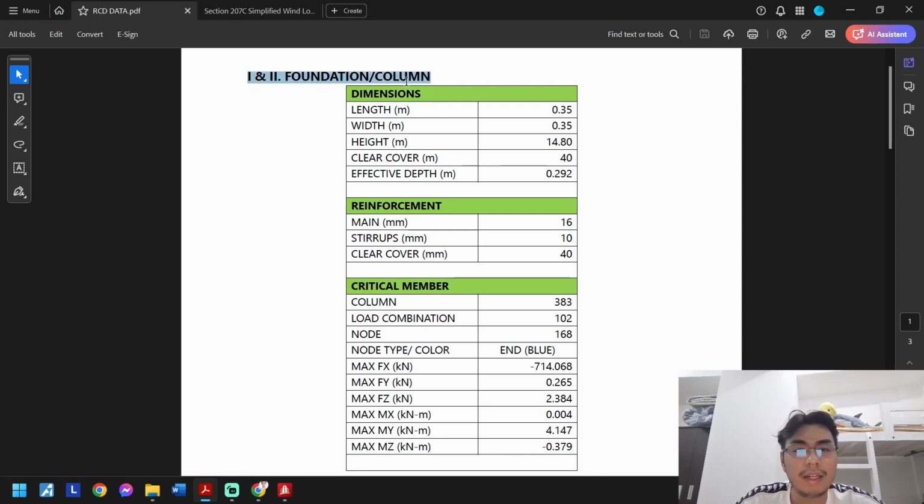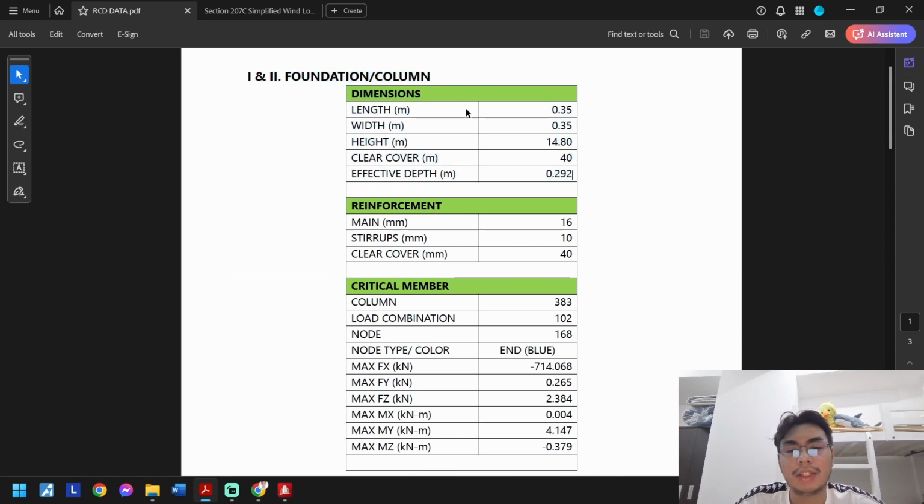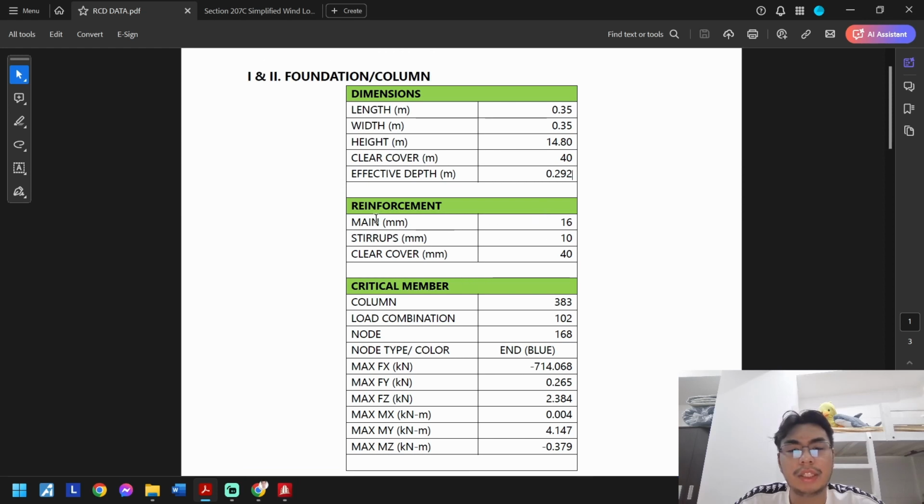So okay, now for the first part, it is the foundation or the columns. As you can see, we have opted to use 16 millimeter rebar, then for the stirrups, 10 millimeters, and 40 millimeters clear cover.